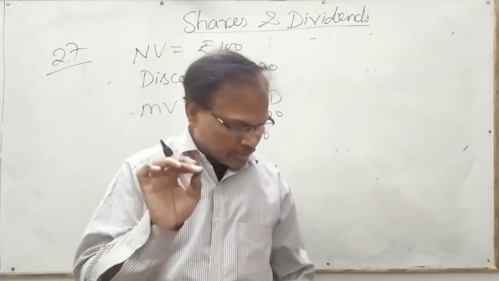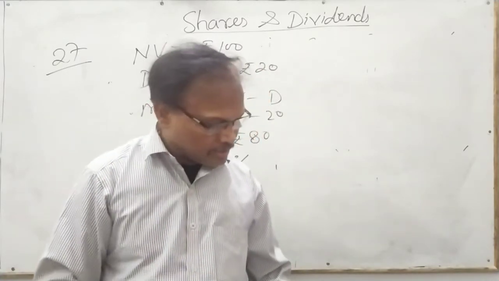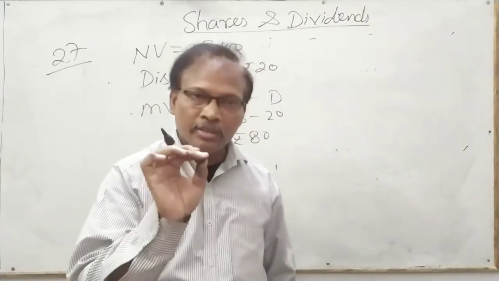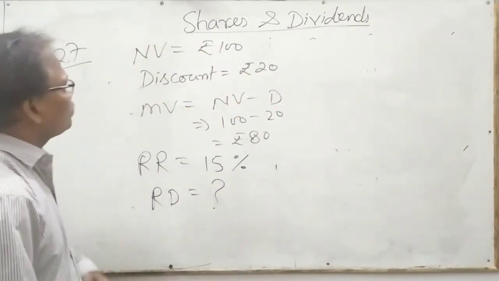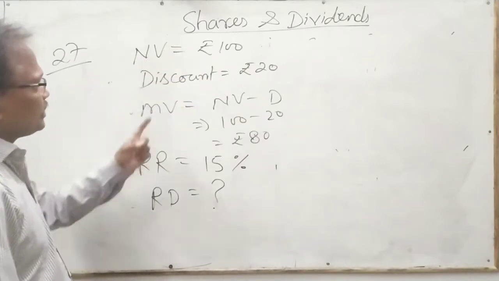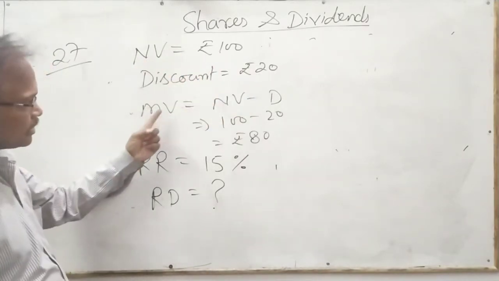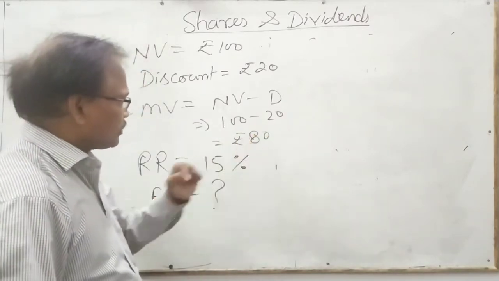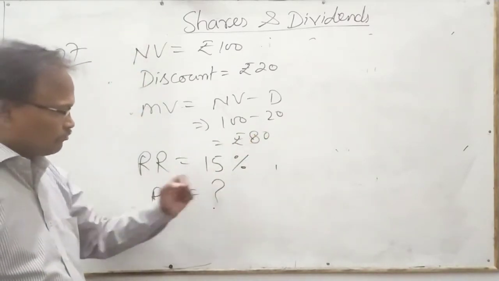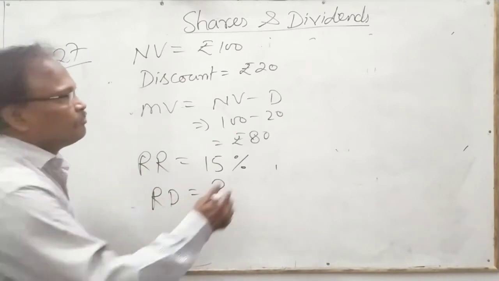If the return on the investment is 15%, find the rate of dividend declared. So this is the question. So nominal value is given, discount is rupees 20, find the market value using this formula I told in the first video. 100 minus 20, rupees 80. Rate of return is 15%, asking the rate of dividend.